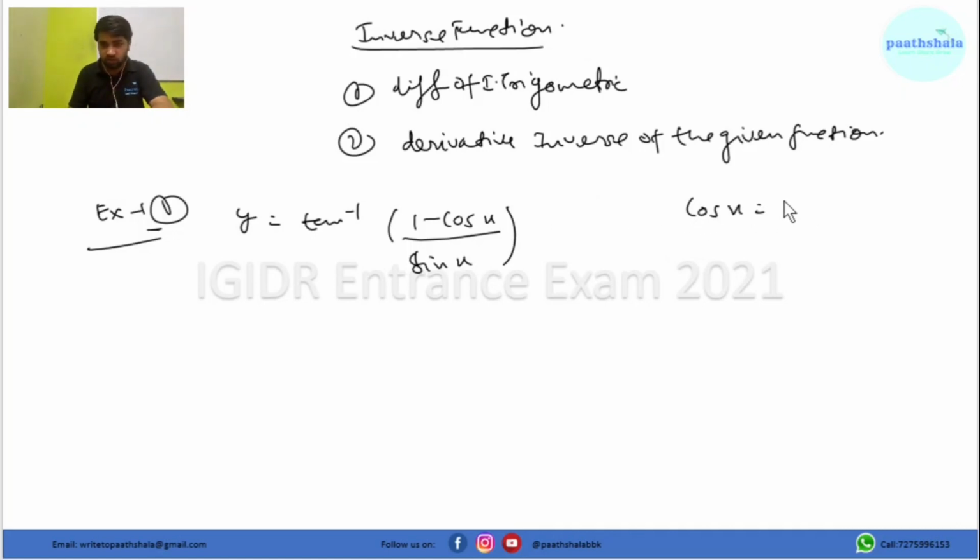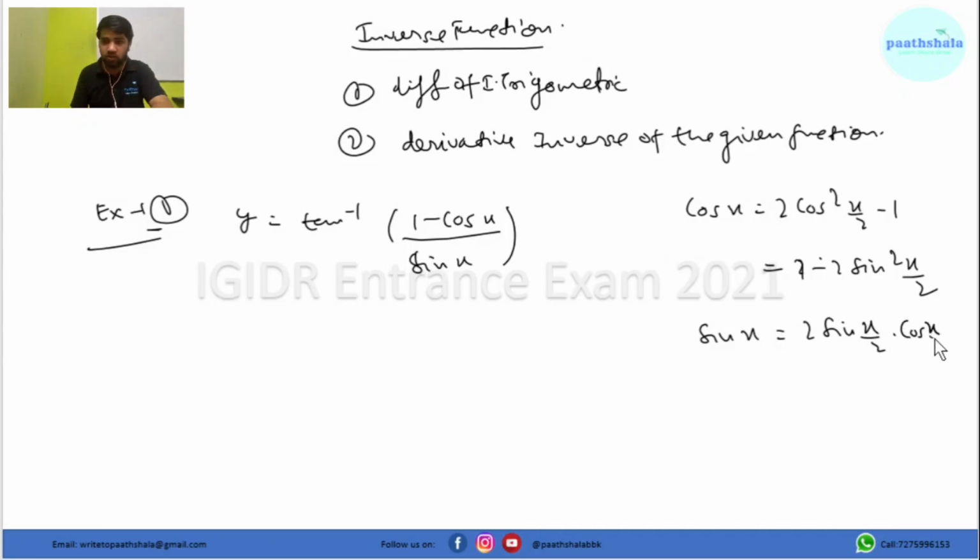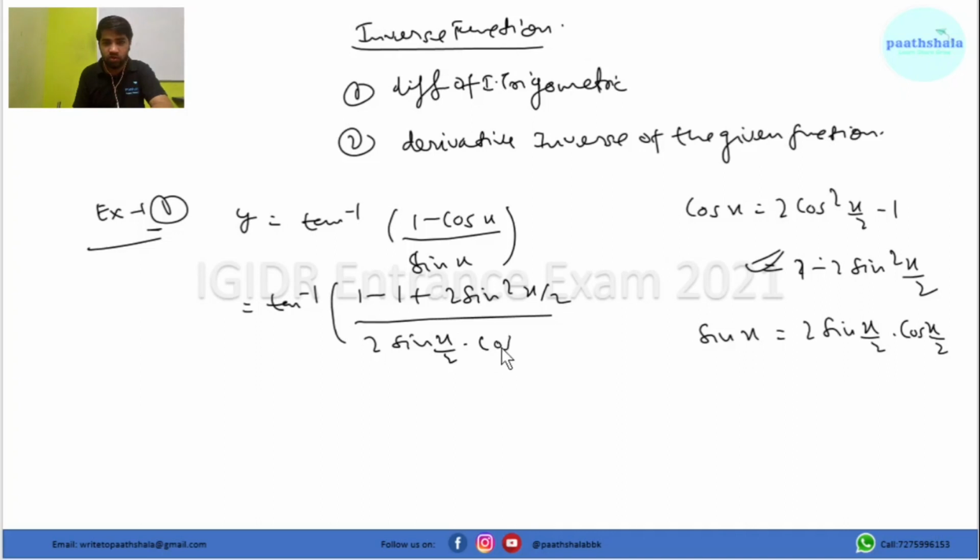I'm going to apply these formulas: 2 cos square x by 2 minus 1, or we can use 1 minus 2 sin square x by 2, and for sin x we can use 2 sin x by 2 into cos x by 2. So let's apply. This will become tan inverse of (1 - (1 - 2 sin square x by 2)) whole upon 2 sin x by 2 into cos x by 2.